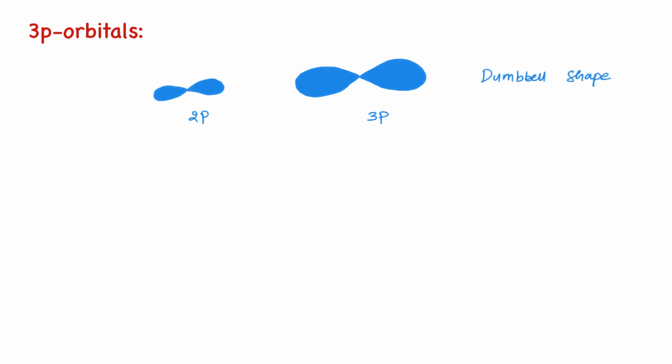Next, we look at the 3p orbitals. The 3p orbitals have the same boundary surfaces, that is, they look like a dumbbell shape. But the 3p orbital is bigger than that of the 2p orbital.